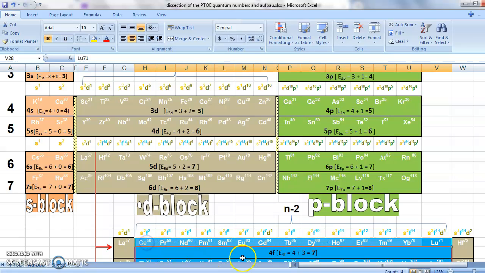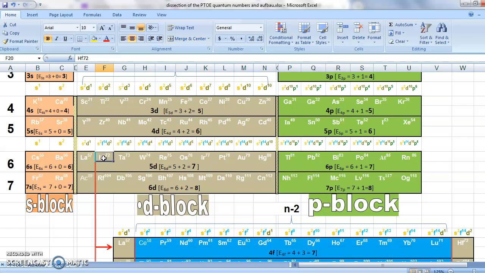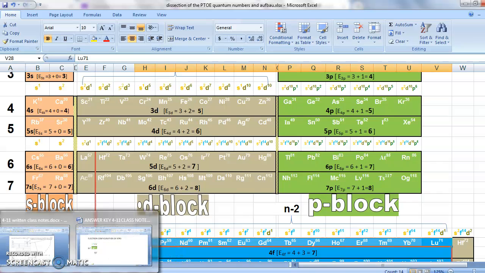What is this? These are 14 elements in the 4F. So all I do to find out what I'm missing on the inside is backtrack, making my way back to the starting line. I get to 72. We don't go from 72 to 57. I'm missing something between 72 and 57. What am I missing? The answer is 71 to 58. That's the 4F. There are 14 elements in the 4F.